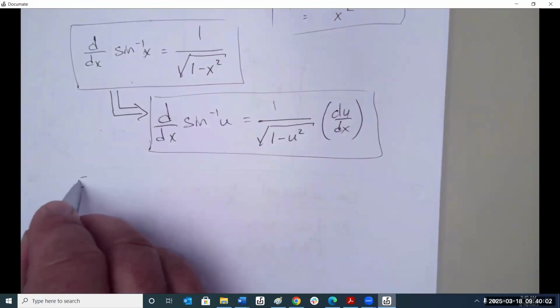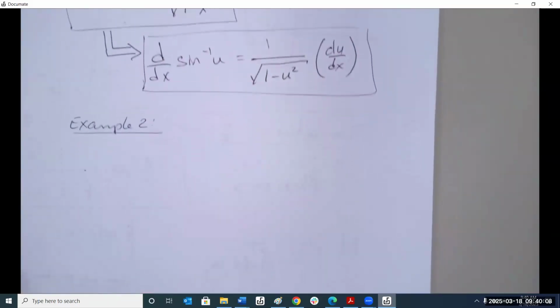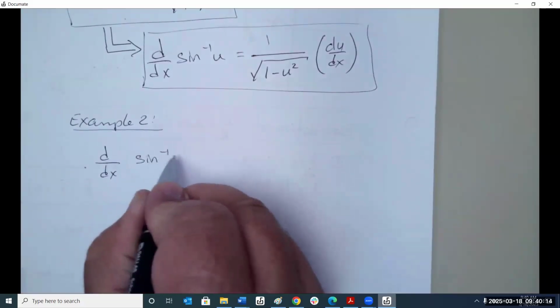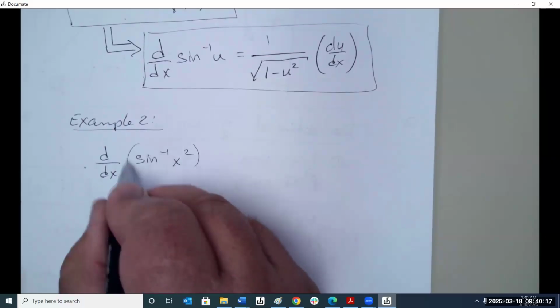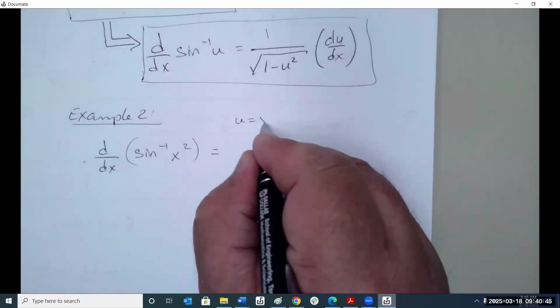Example. Find the derivative of the inverse sine of x squared. So in here, my u is what? It's x squared.